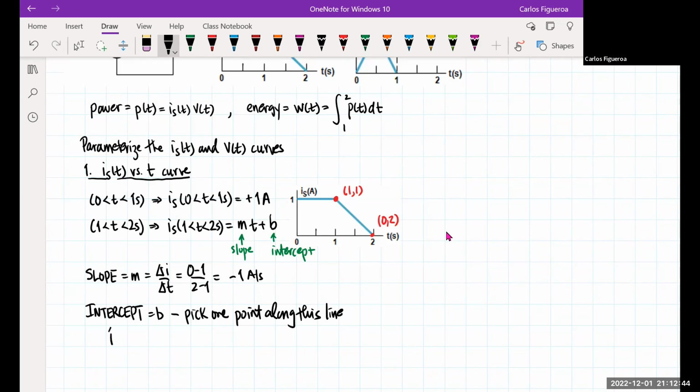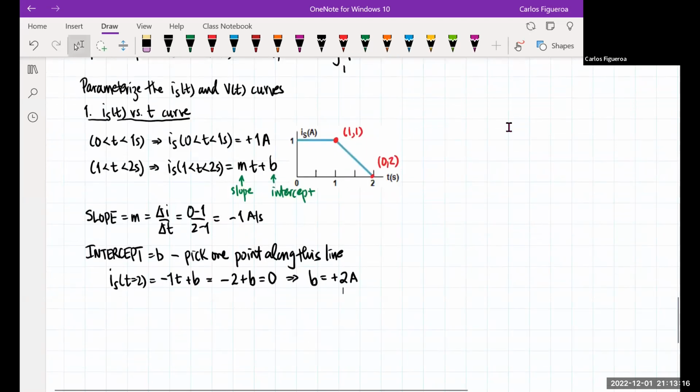If I look at the line equation at t equal to 2 seconds, I know that has to have a slope of -1 times 2 plus b, and that guy is going to be 0. So this automatically tells us that the intercept b is then going to be +2 amps.